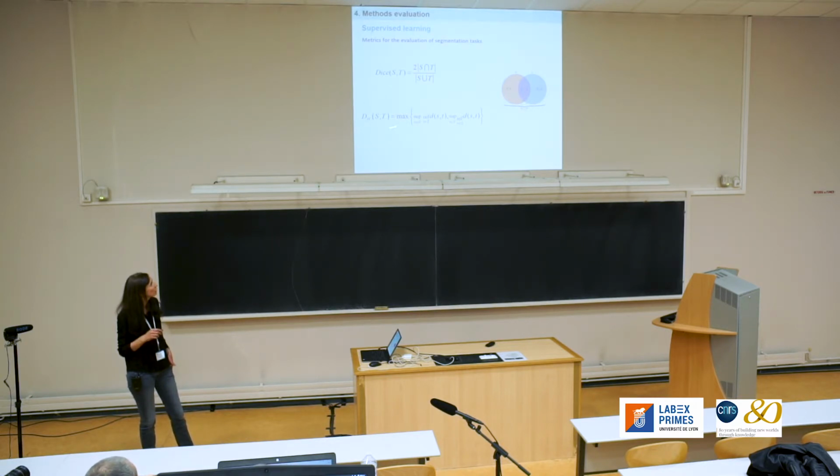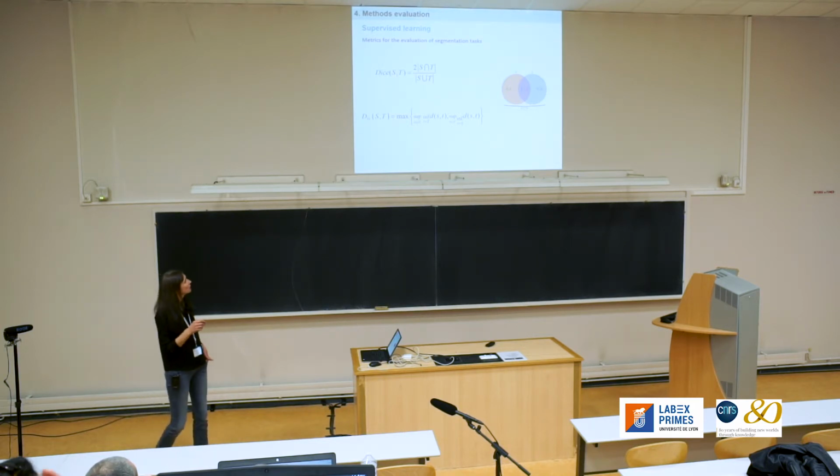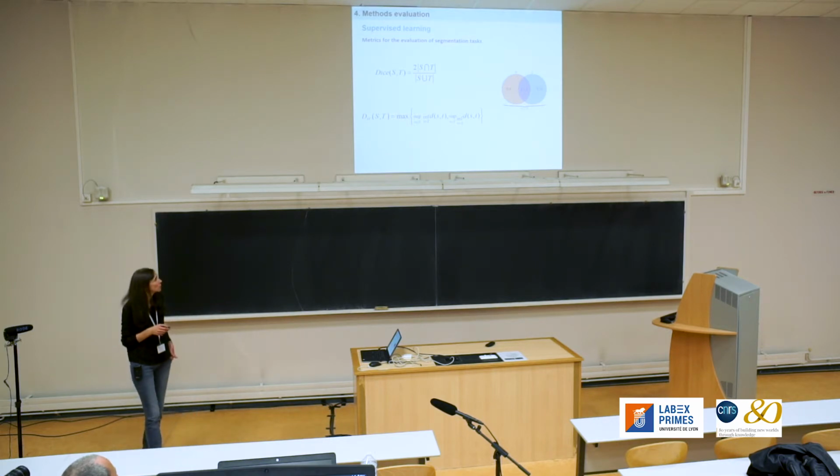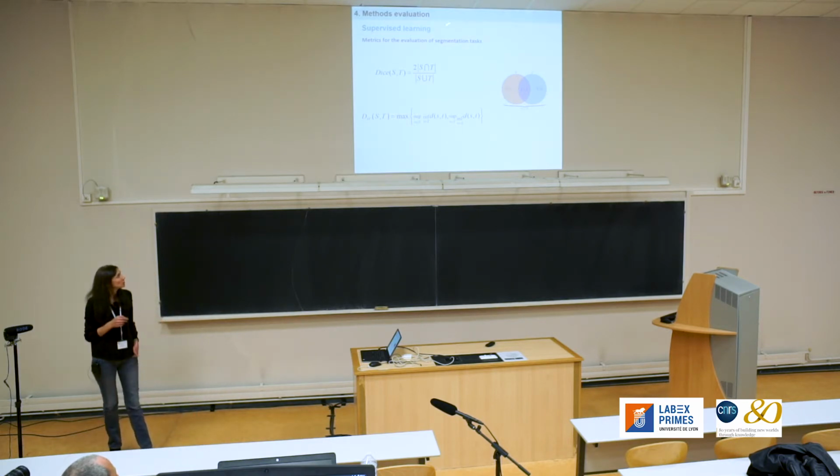I forgot to mention another metric, for instance. It's not an exhaustive list, but some other metrics like the Hausdorff distance, which will estimate the largest distance of both areas, S and T, to the other elements. So it's another way of evaluating performance specific to the case of segmentation.